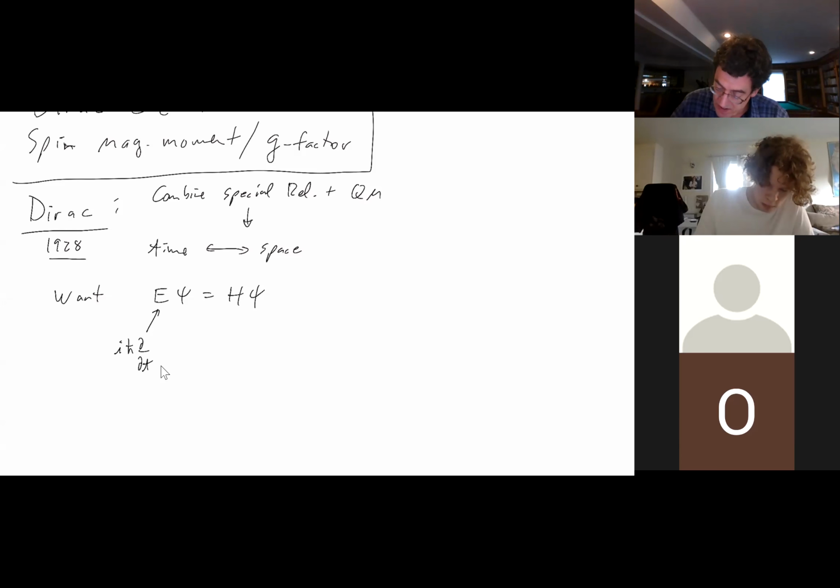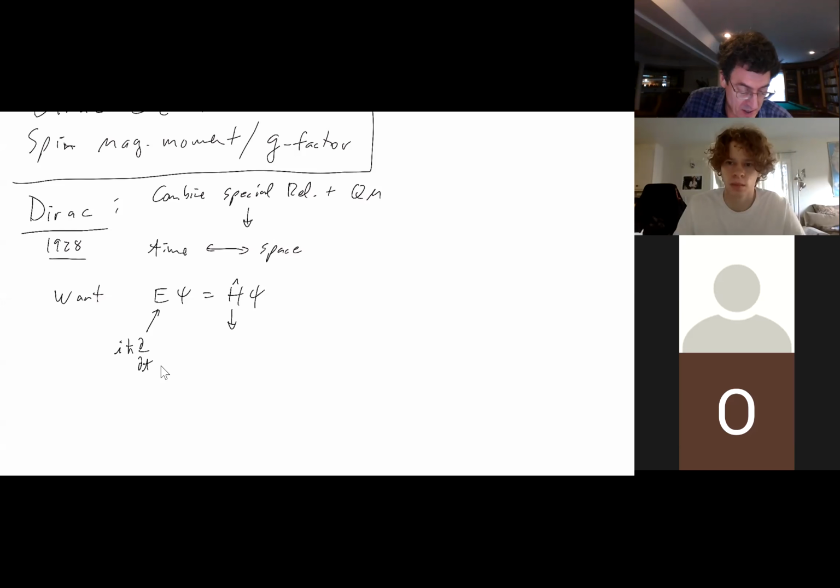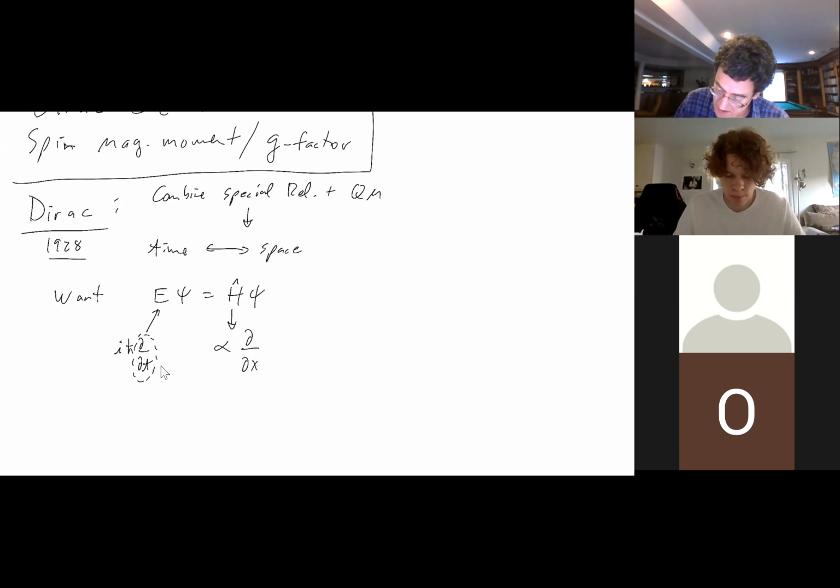And so then this Hamiltonian, whatever it is, we don't know what it is yet, we need it to be proportional to a single spatial derivative, right? Because we need them to be on the same footing.